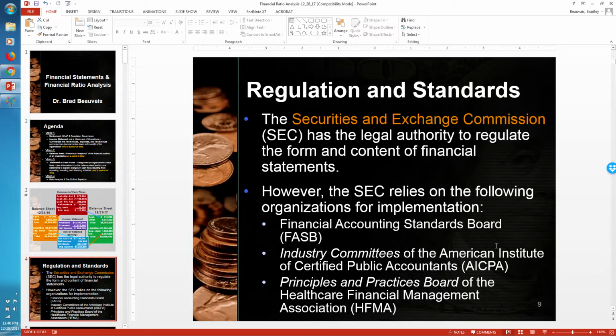Also important to understand is that there are a lot of individuals, a lot of entities that are very interested in what organizations do from a financial perspective. We often think about investing in an organization, which is important in its own right. However, there are multiple parties involved that are there not only to protect the consumer from an investment standpoint, but also to ensure as much transparency as possible for creditors, for vendors, for state and federal regulatory agencies.